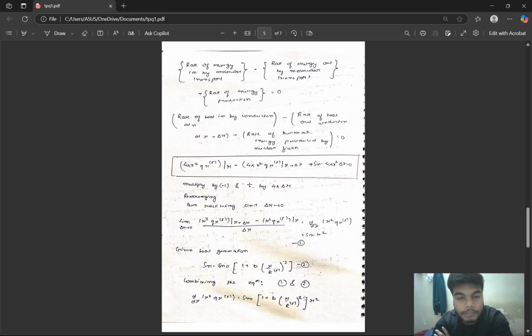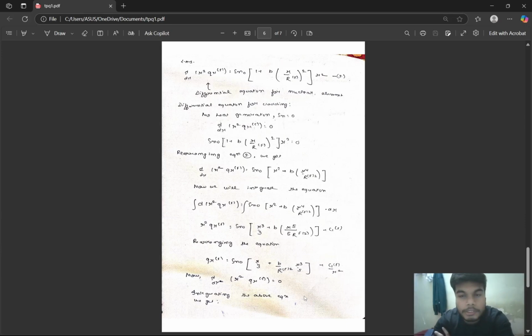Equation 1 is limit delta r tends to 0 of r square q_r of F at r plus delta r minus r square q_r of F at r, upon delta r, equals d upon dr of r square q_r of F, which equals S_n into r square, and S_n equals S_n0 into 1 plus b into r upon R_F, whole squared. By combining both equations we get d by dr of r square q_r of F equals S_n0 into 1 plus b r upon R_F, whole squared, into r square.